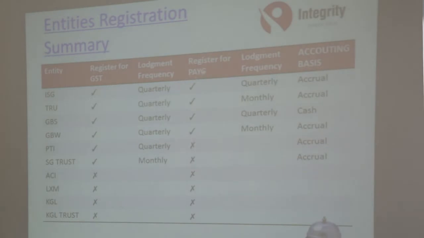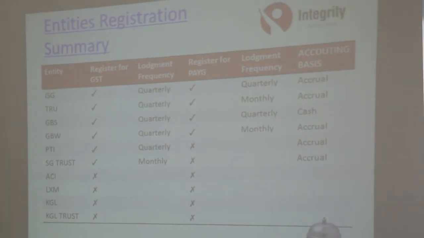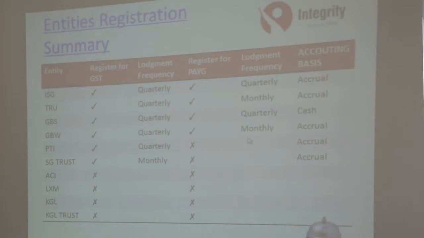Another column is whether it registers for PAYG wage. Here it is related to wages, not income tax. For the first 4, we register, but we have a different frequency for each entity. So every time you process the lodgement, you need to refer to this form, unless you already remember it.